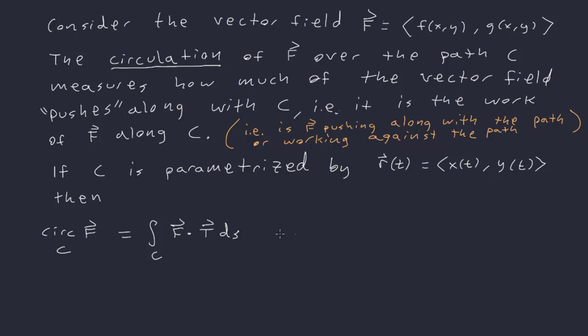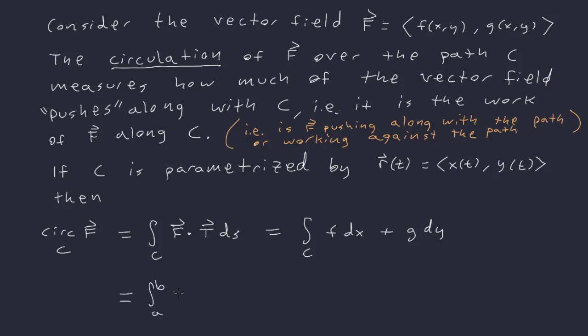This can also be written as the integral over C of little f dx plus little g dy. And it's going to be this integral here in terms of t. If we can parameterize C in this way, it's going to be the integral from a to b.